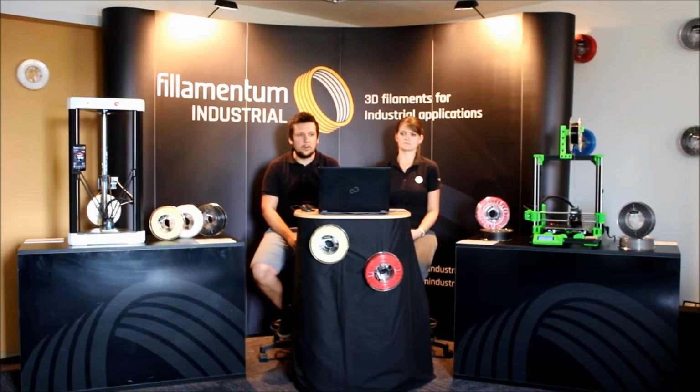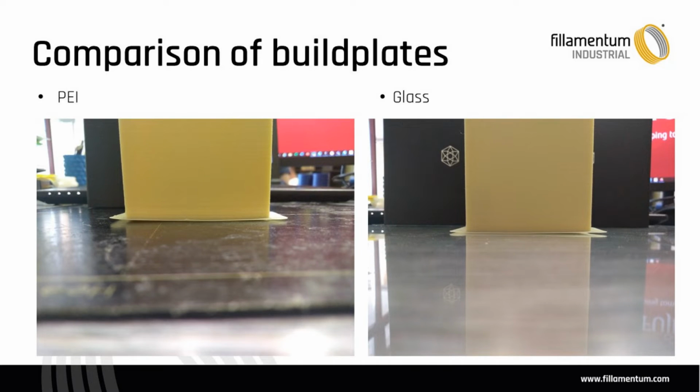Okay, so we have prepared two pictures of two different build plates, a little comparison between them. On the left side we have PEI and on the right side we have glass or mirror. Both objects were printed with the same settings and also the same bed preparation.